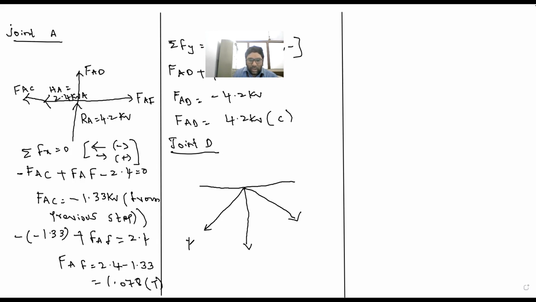This is FDC, this is FDA, this is FDF, this is FDE, and here this is the load acting, 2.4 kilonewton.